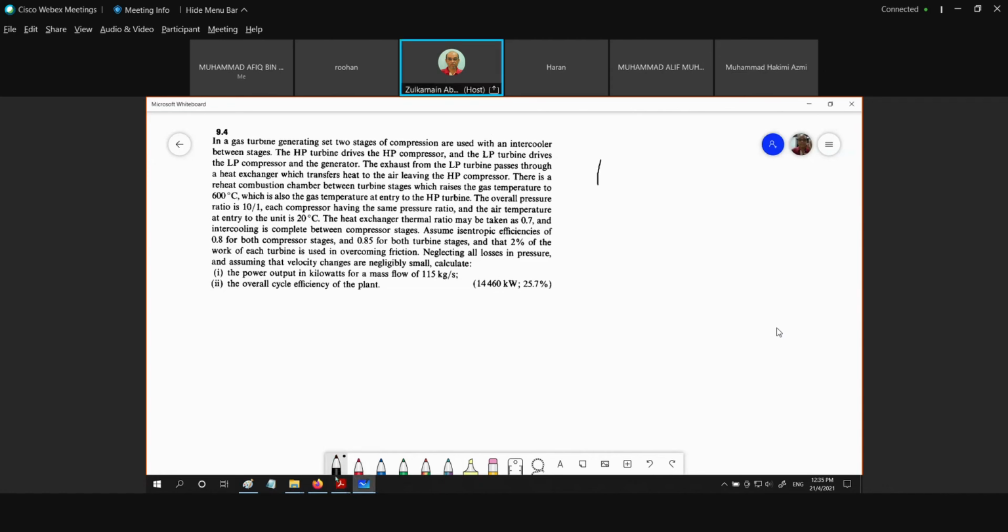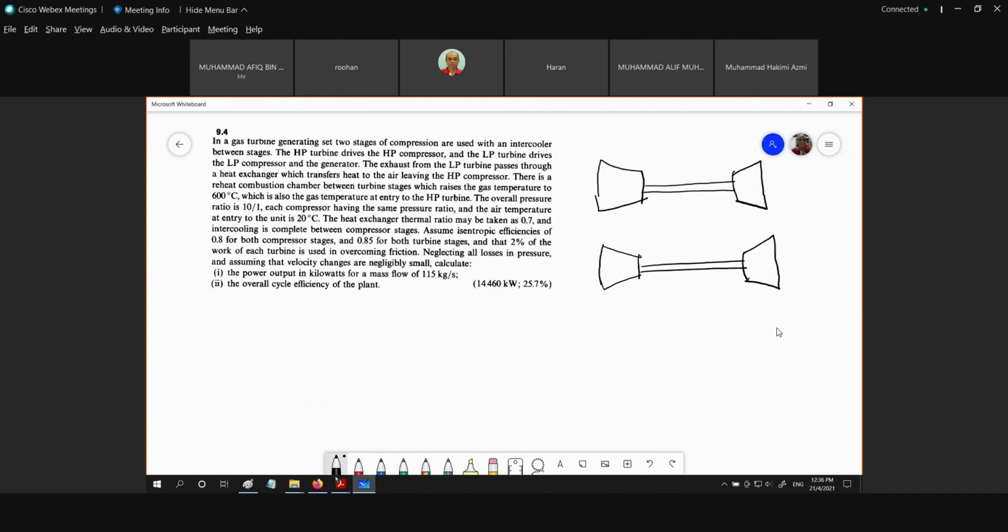So let's say this is the first shaft. And then we have the second shaft. On the second shaft, we attach the low pressure turbine, which drives both the low pressure compressor and also the electrical generator.